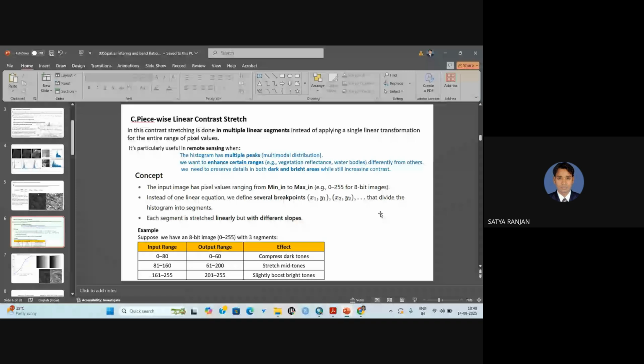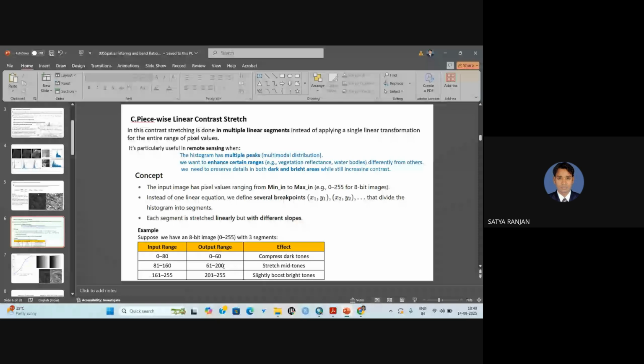We have to categorize this range into three categories: 60 to 100 is one category, 100 to 150 is one category, and 150 to 200 is one category. After categorizing these three segments, we stretch each in a different way. So this is called piecewise linear contrast stretching.